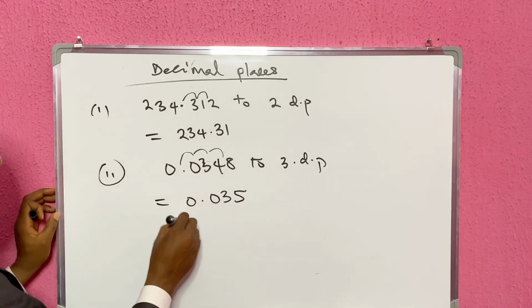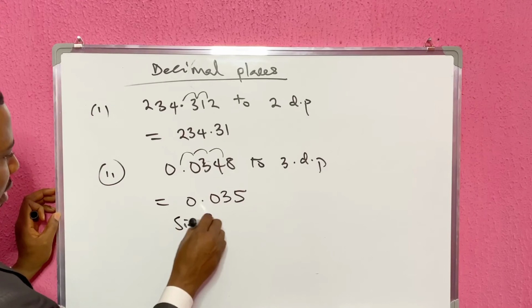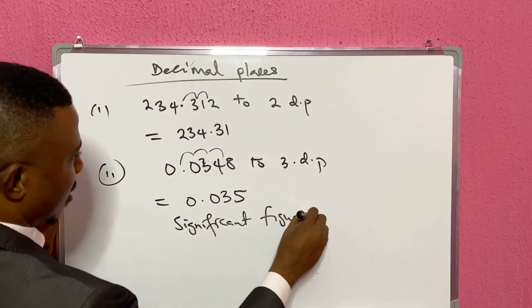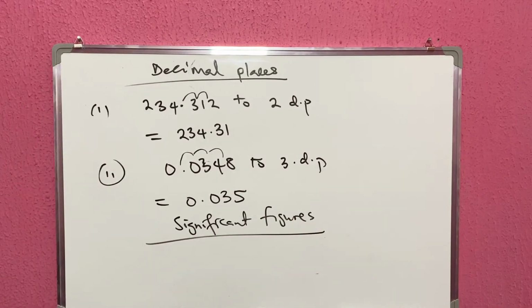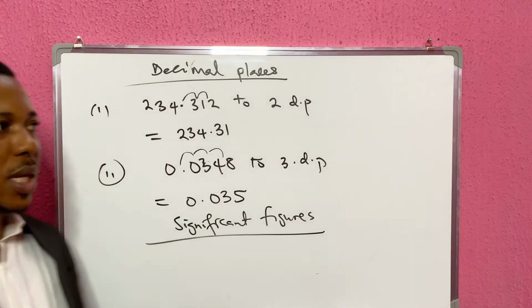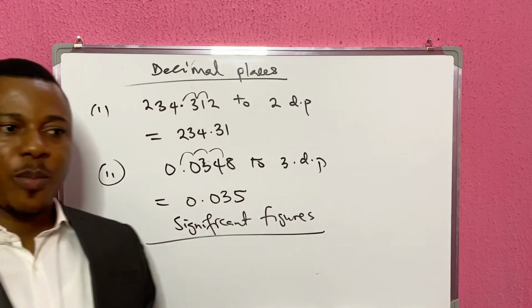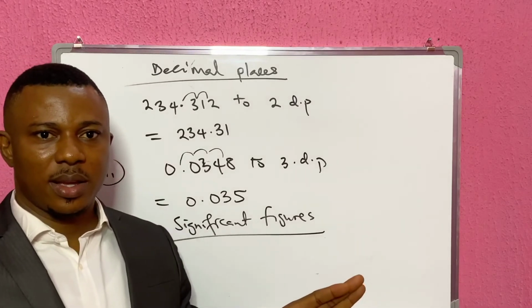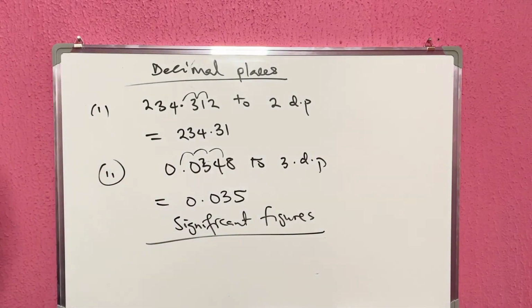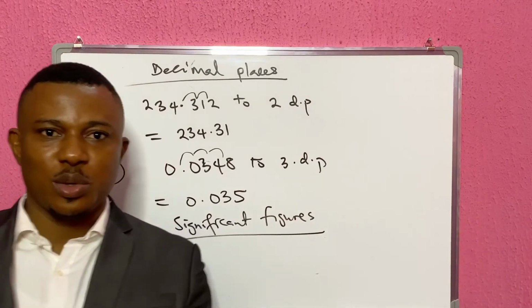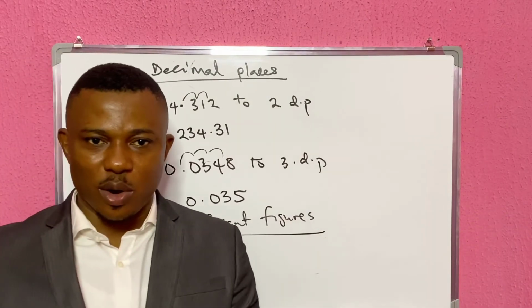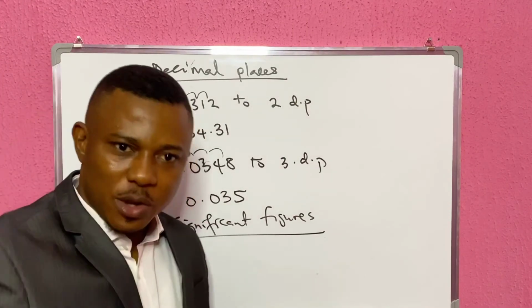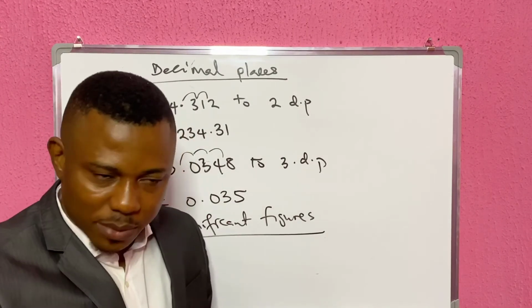Let's go to significant figures. In significant figures, we don't count the leading 0. If 0 is in the statement of the question given to you, you don't count 0 while counting that figure. You are going to start from the first value, but not 0.